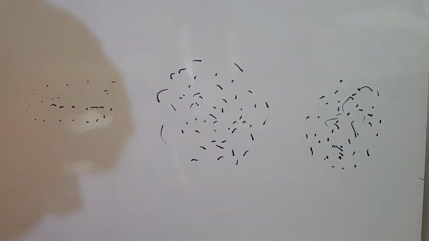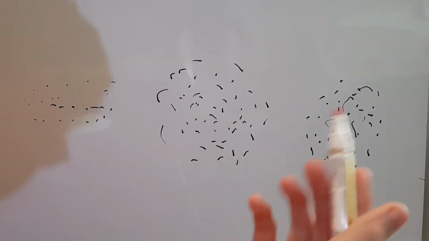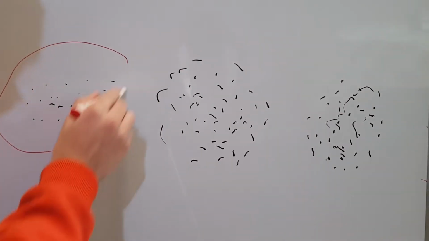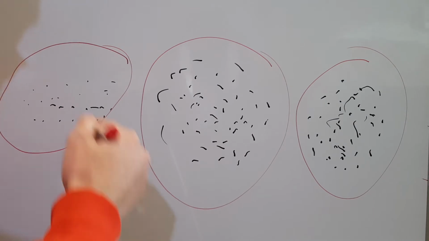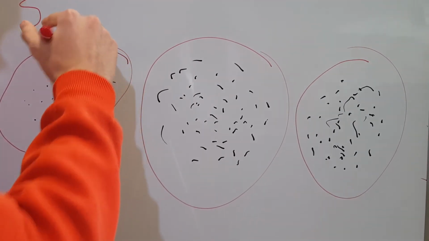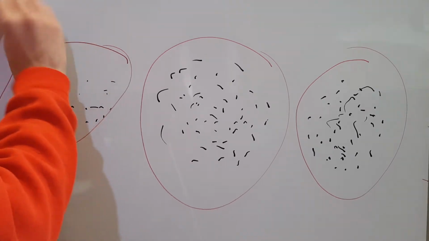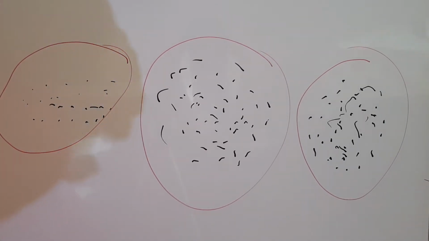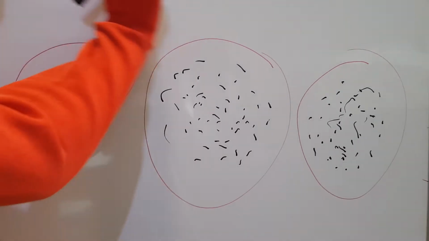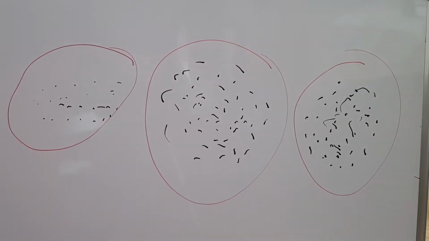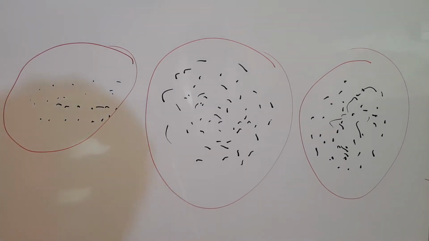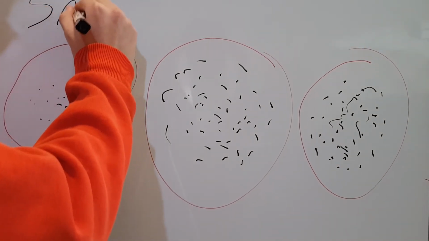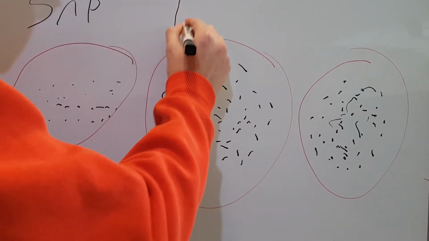And now let's say each circle represents a different place. Let's say this is the S&P, this is the Nasdaq, and this is the America.